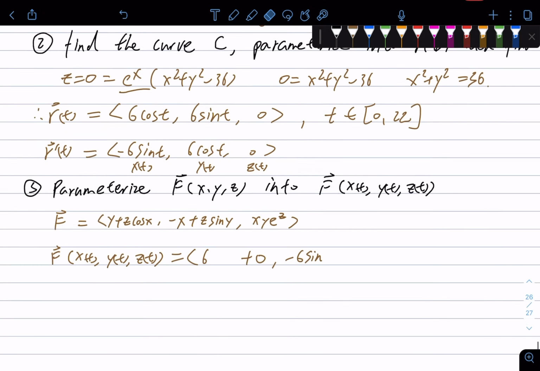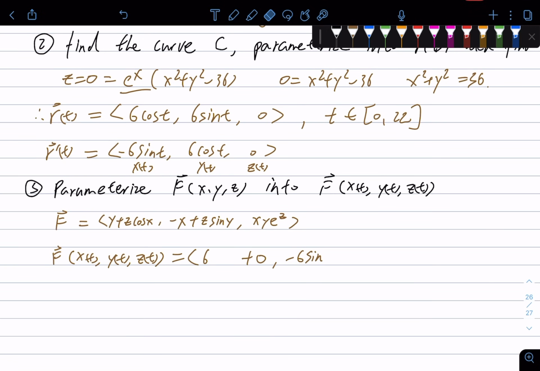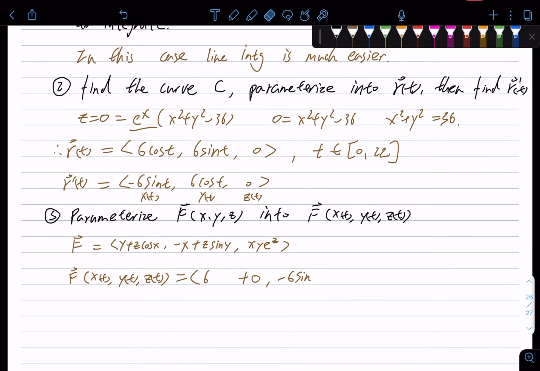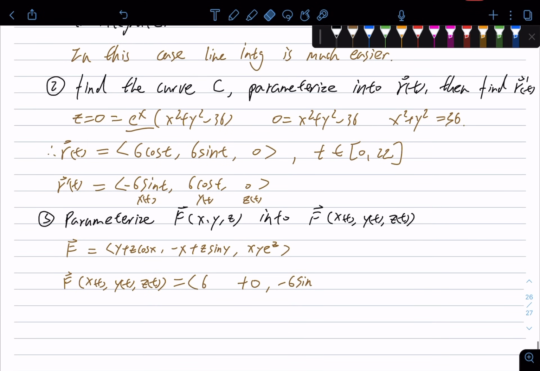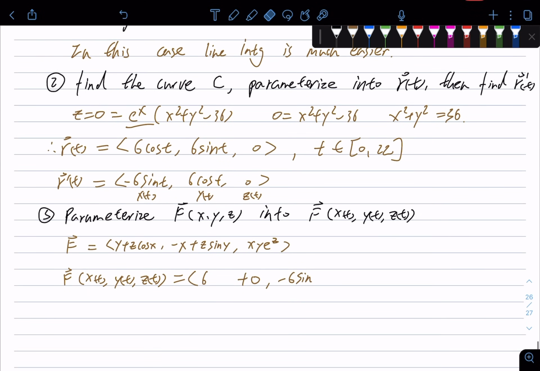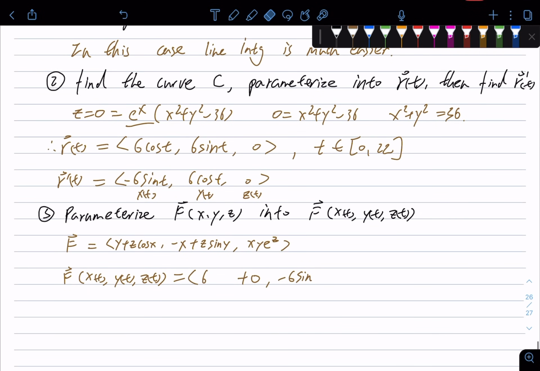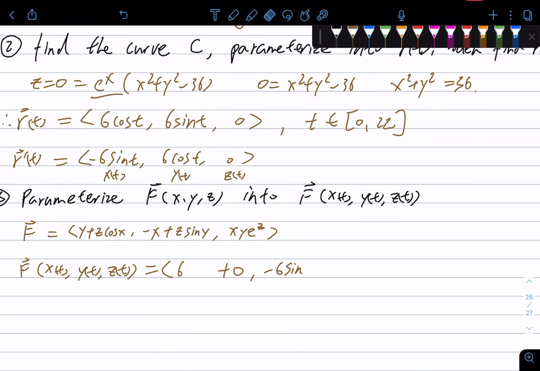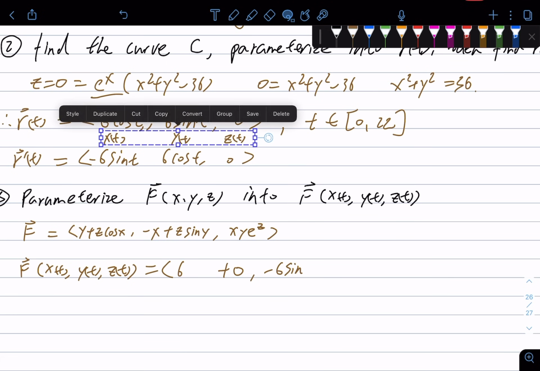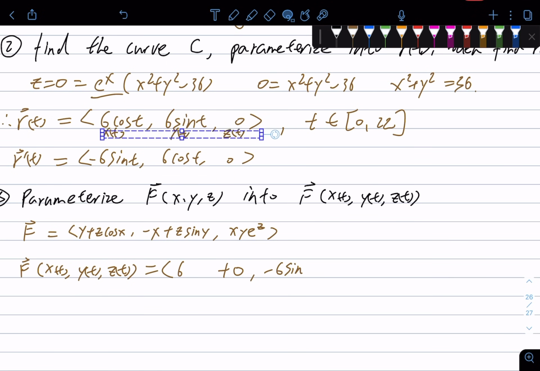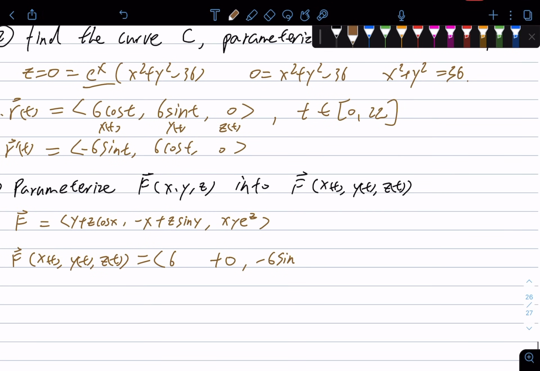Give me 1 second here. Oh, never mind. This of x of t, y of t, z of t should be right here instead of down there. I misread, so that's r of t, that's r prime of t. I made a small mistake right there.